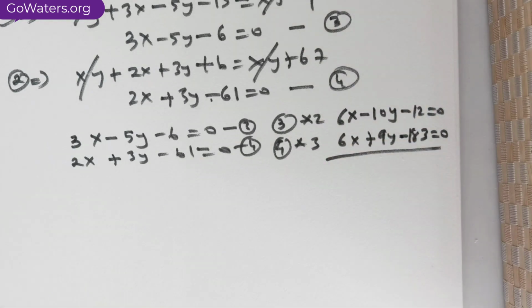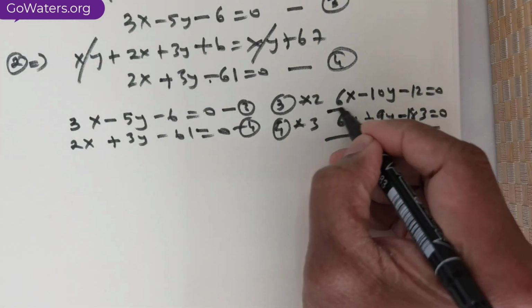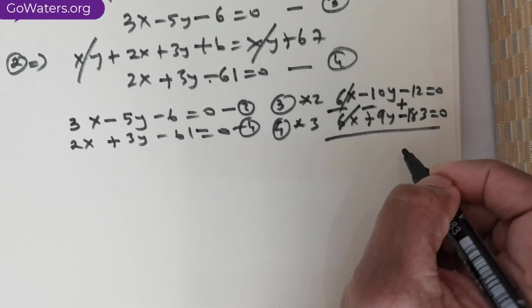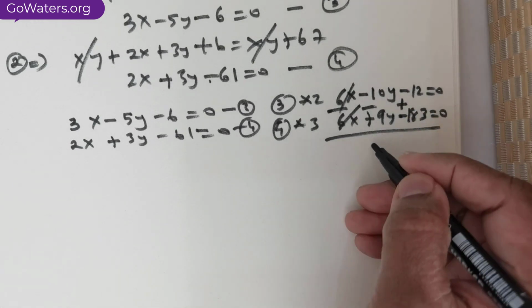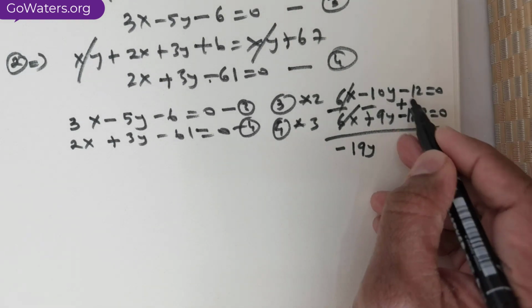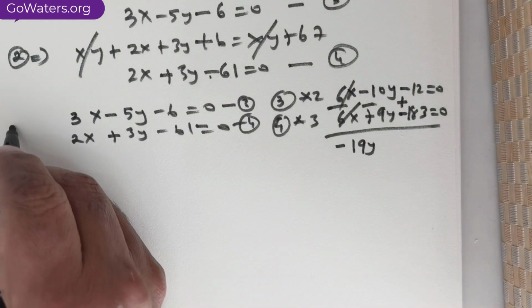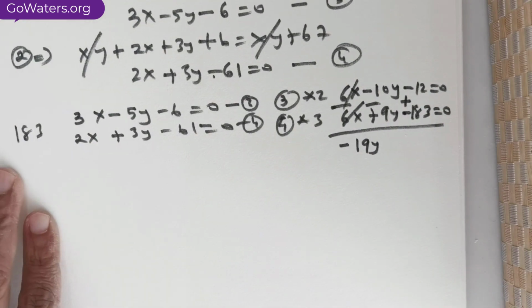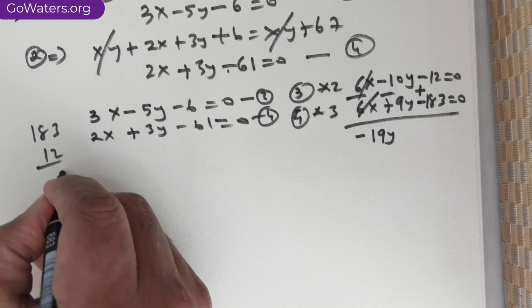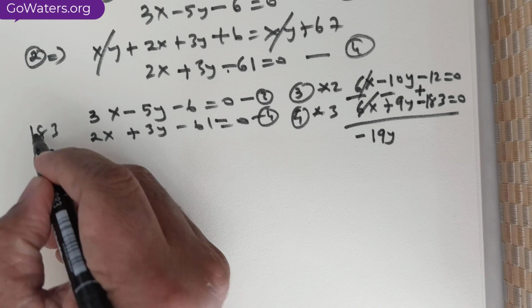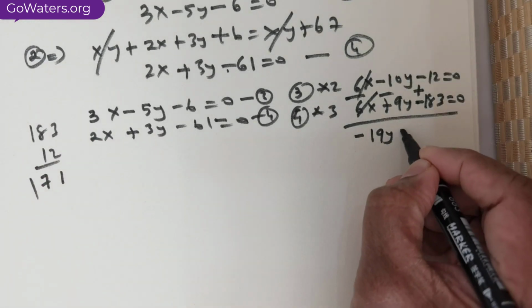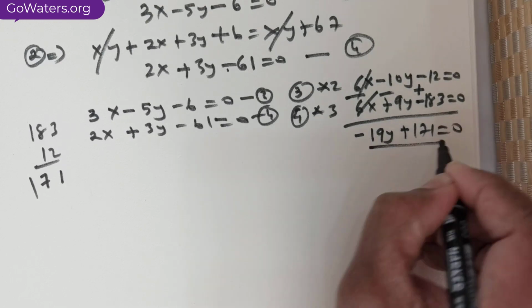This is what we get, right? So you change the sign, plus, minus, minus, plus, cancel them off, and then negative 10y, negative 9y, that's going to be negative 19y. You got negative 12 and positive 183. So you subtract, and you get positive 171 is equal to 0.